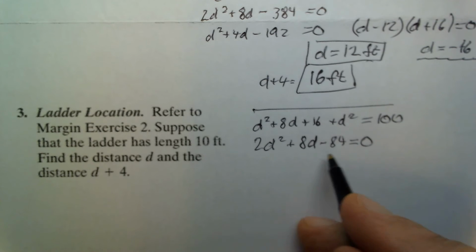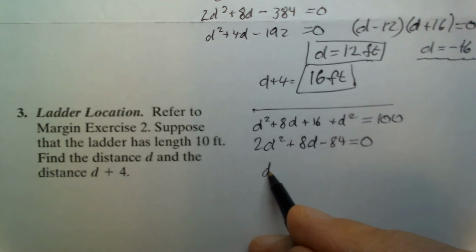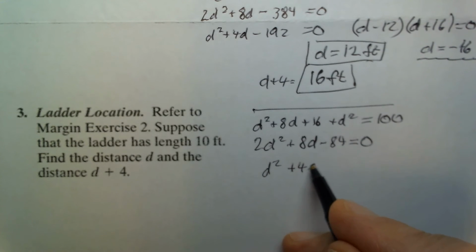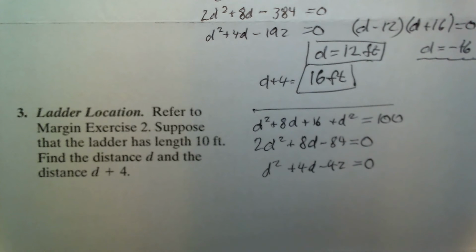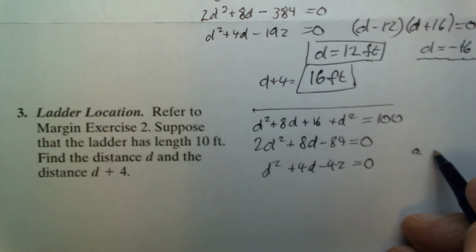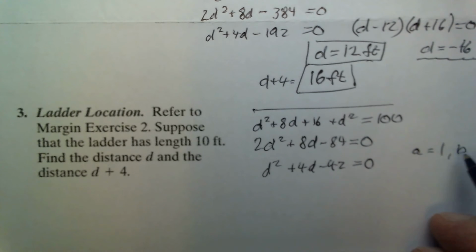When we divide this equation by 2, we get d squared plus 4d minus 42 equals 0. So that's our quadratic equation with a, b, and c. a being 1, the coefficient of d squared, b equal to 4, and c equal to minus 42.